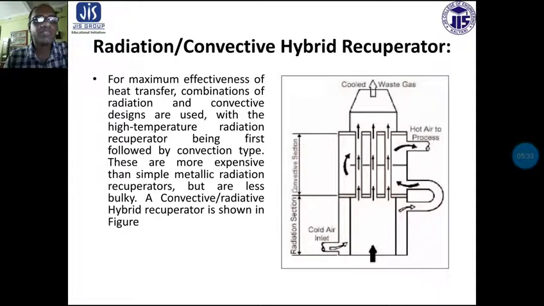This is the radiation convective hybrid recuperator. For maximum effectiveness of heat transfer, a combination of radiation and convective designs is used. So this is a hybrid one.